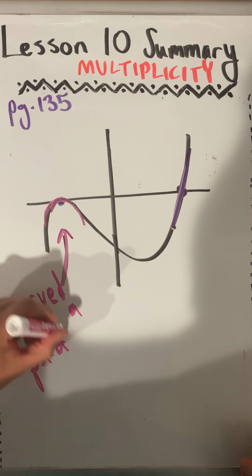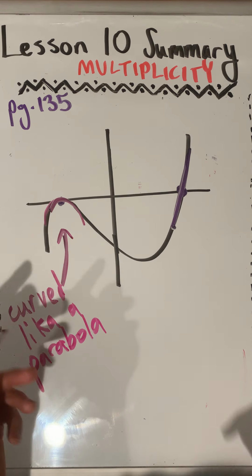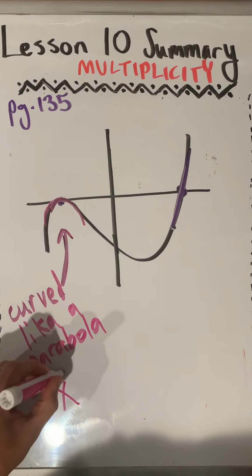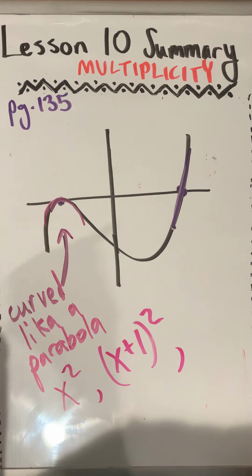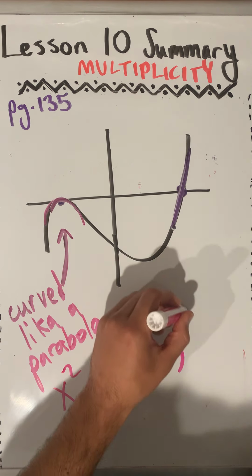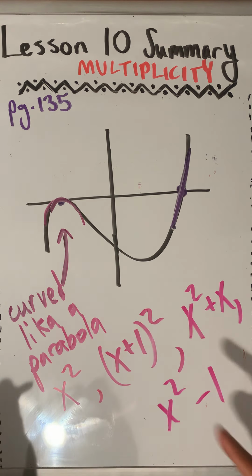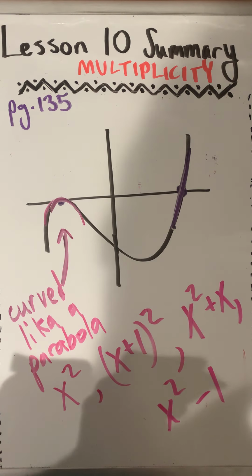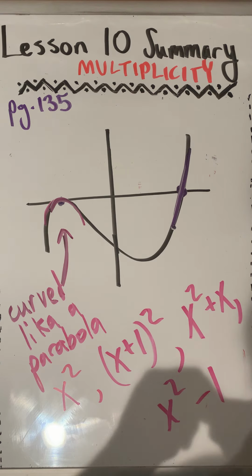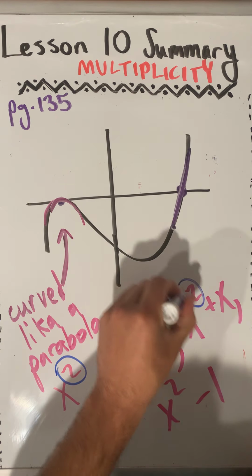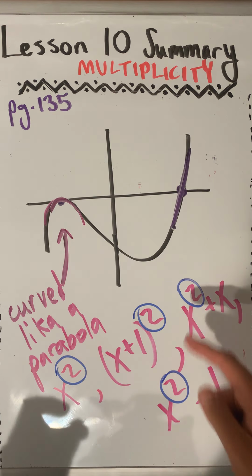And if we recall from Algebra 1, or actually a lot of lessons ago, we revisited this topic, that if you have anything like x squared, x plus 1 to the second power, you can have x squared plus x, you can have x squared minus 1, whatever. If it's degree 2, and all of these have a second degree, by looking at the exponent, the highest value exponent. So a refresher, the degree of a polynomial means the highest exponent.